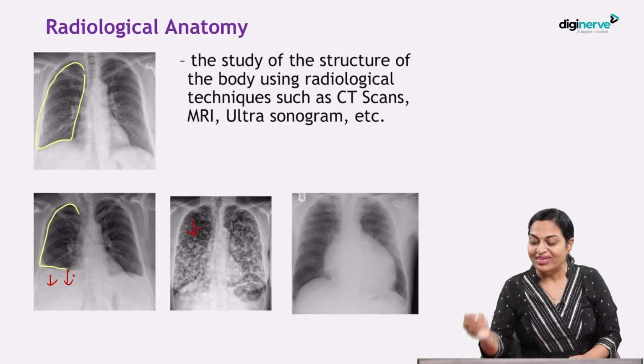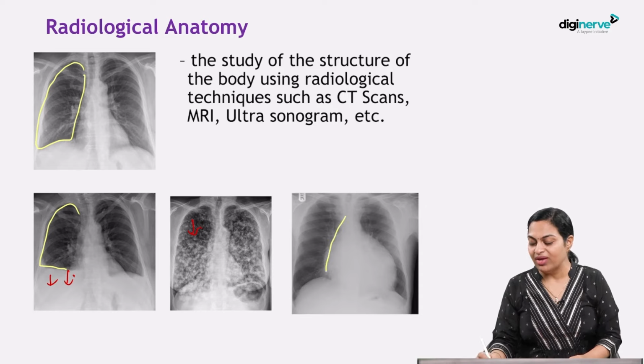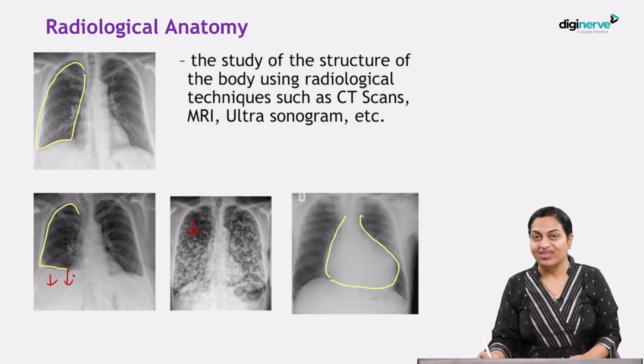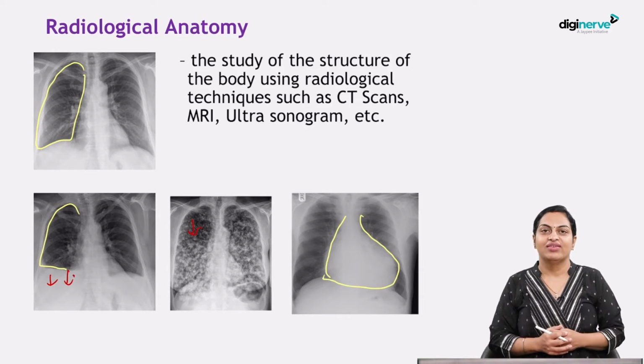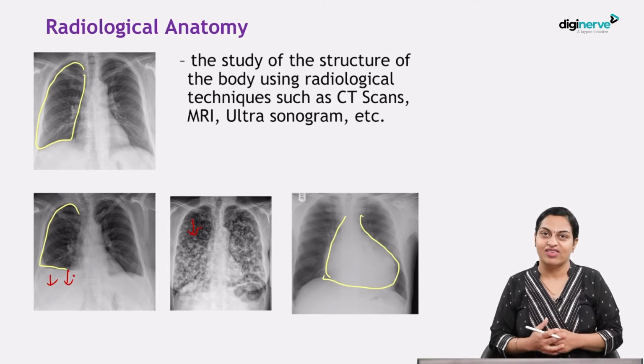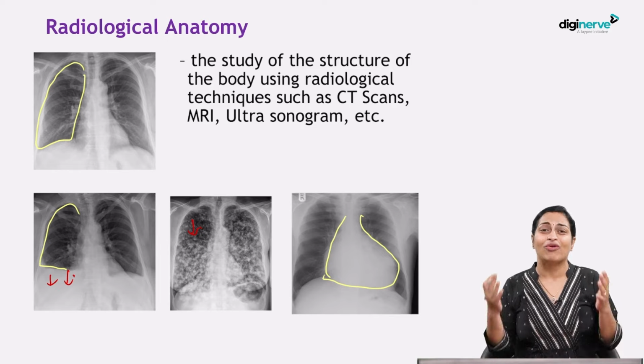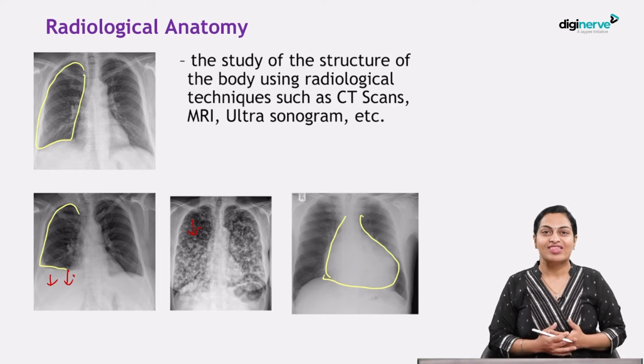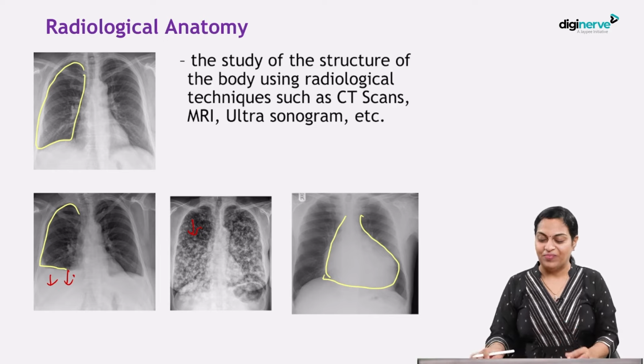And here, what abnormality do you make out? Cardiomegaly, an abnormally enlarged heart. So with radiology, you'll be able to differentiate whether it's normal or abnormal. For that, you should have a basic understanding of the normal anatomy.